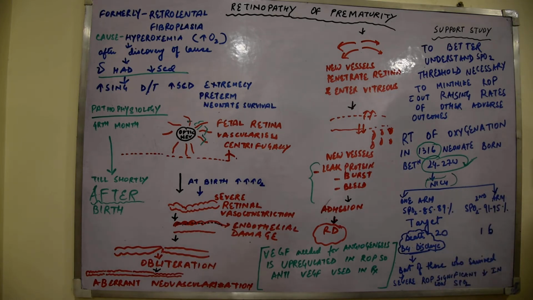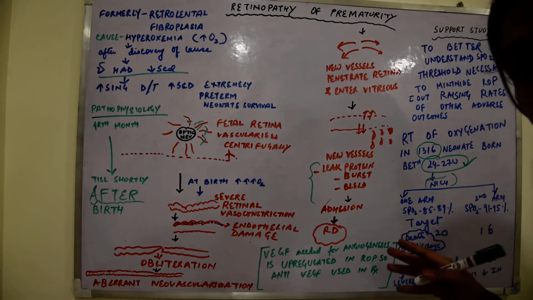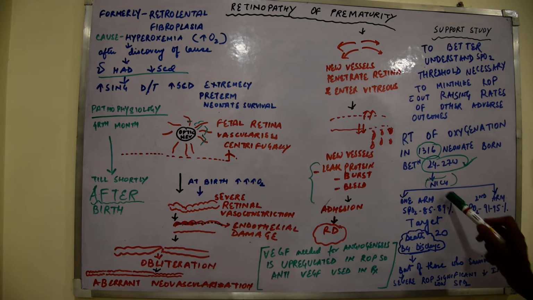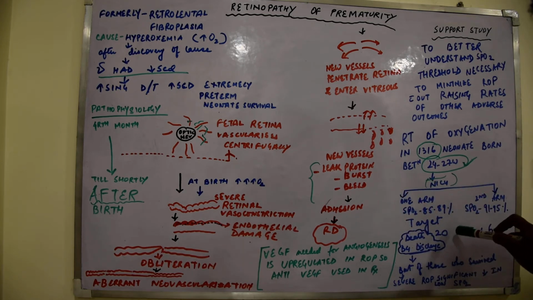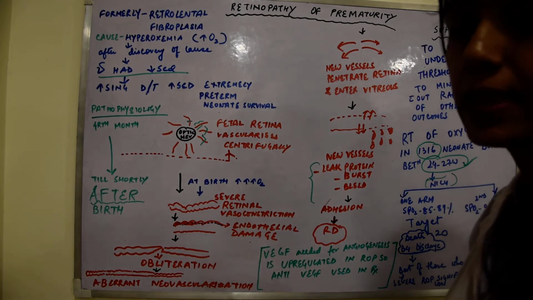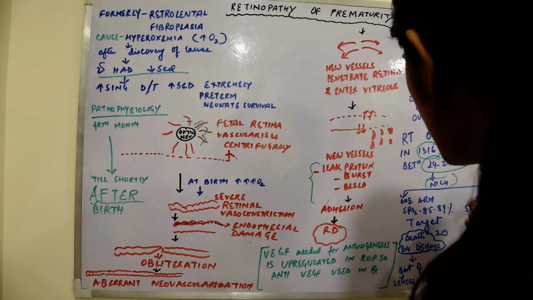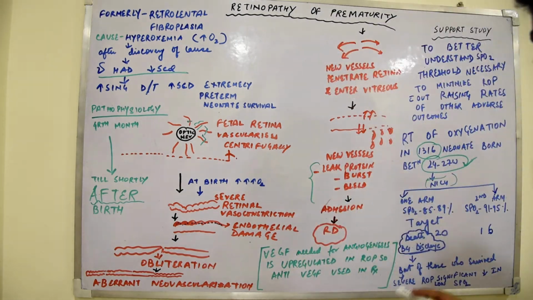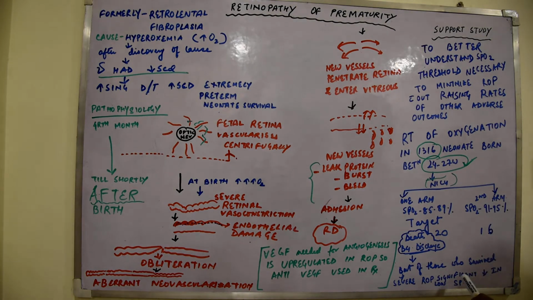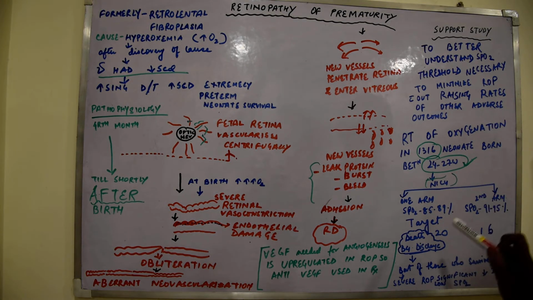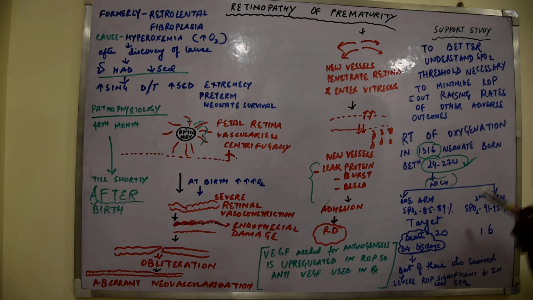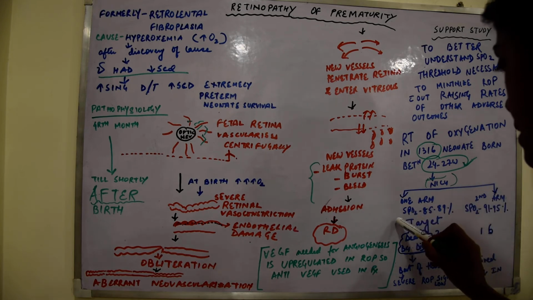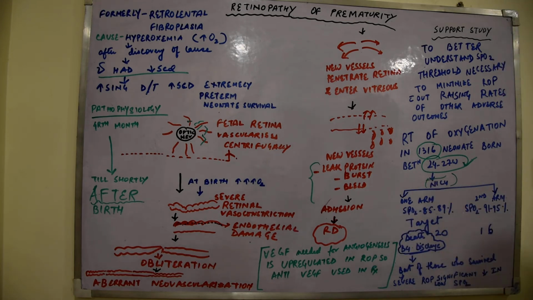Now, it was found that deaths of the preterm neonates in the lower oxygen saturation group were significantly more. But among those infants who survived out of the two arms, severe retinopathy of prematurity was significantly lower in those infants who were in the target group of lower oxygen saturation.